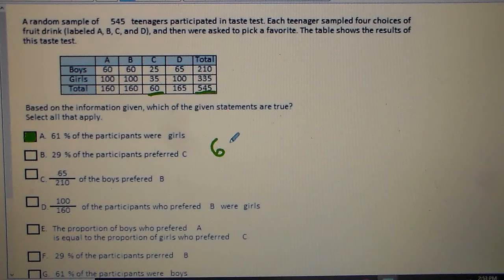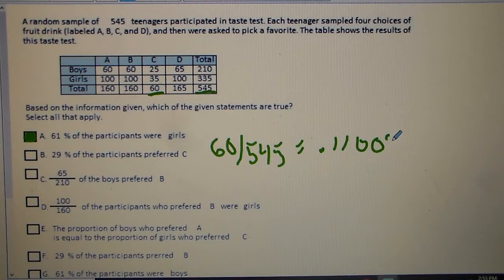So we do 60 divided by 545. Put that in the calculator. And we get 0.11. We change that decimal into a percent, and we're going to get 11%.